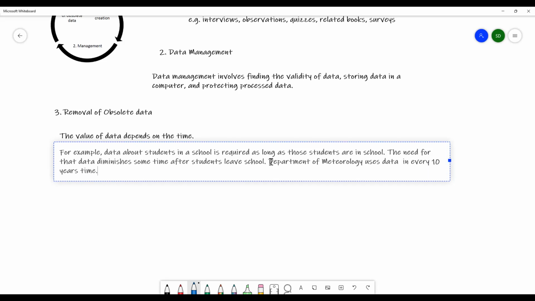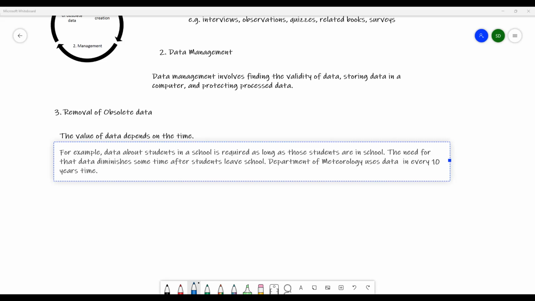If that is the case, after 10 years, whatever the older data is, it is not important. So you need to remove it.